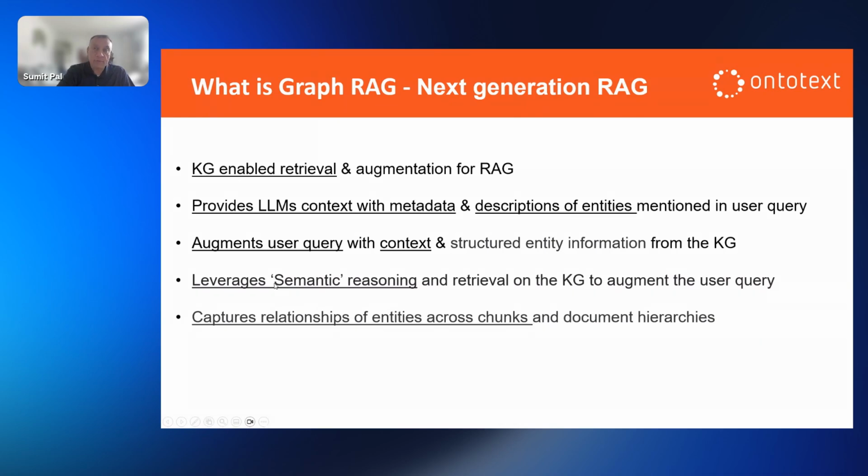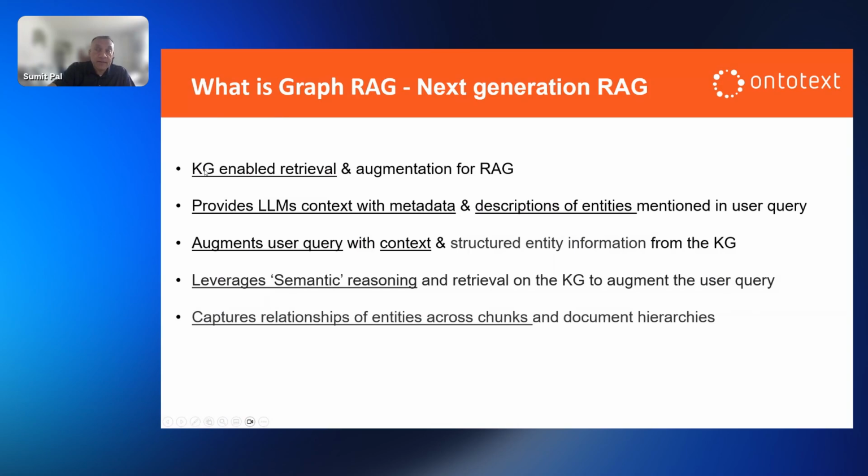And oftentimes, it can use semantic reasoning in the knowledge graph. Reasoning meaning that example that I gave about Socrates is a man, all men are mortal, how it reasoned out and figured out that Socrates is mortal too. With semantic reasoning to enhance and give more data to the user query so that the user query can be answered correctly.